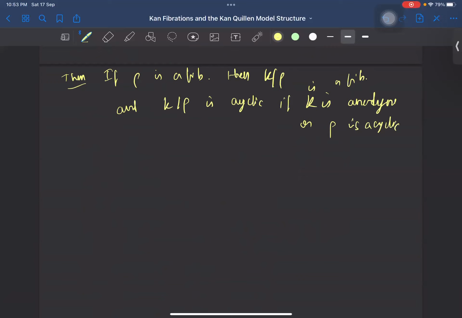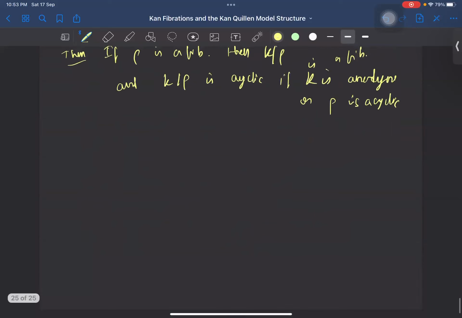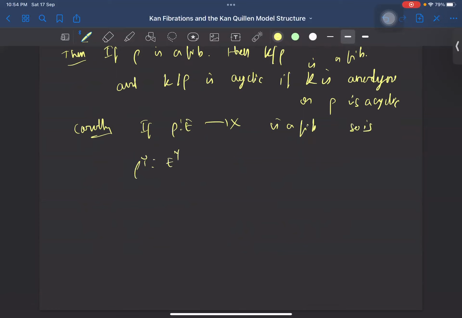Again, I won't give a proof for this, but for most of the things today, see Gabriel-Zisman and Gerald's notes. A corollary of this will be the following: if this is a fibration, so is this.